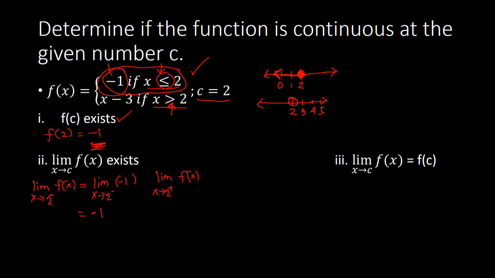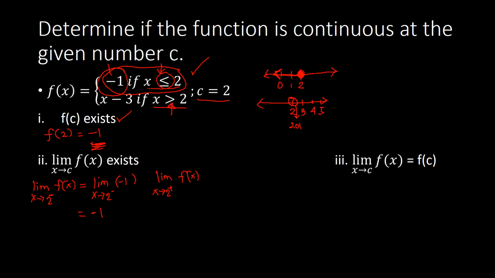That means 2 is not part of the domain. But take note, in between we still have 2.01, 2.1, 2.2, 2.3, and so on. These values are part of our domain.